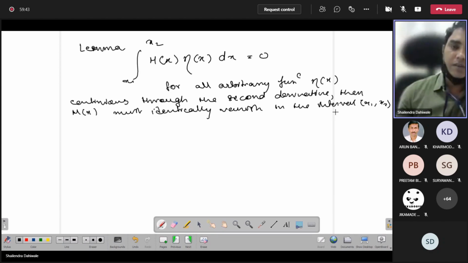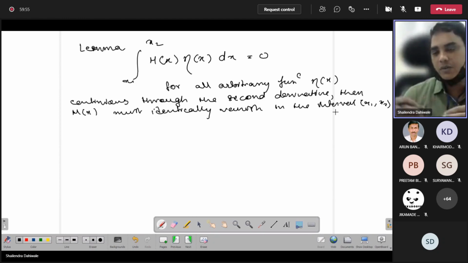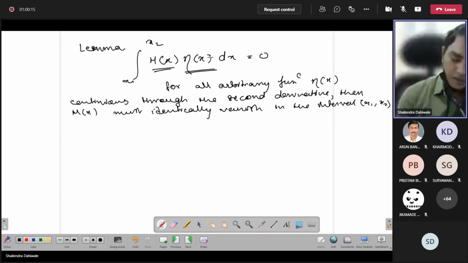So what does that mean? They are independent of each other. If they are independent of each other and the quantity is 0, that means they should each be independently equal to 0. Since eta of x is independent of m of x, they must independently go to zero.